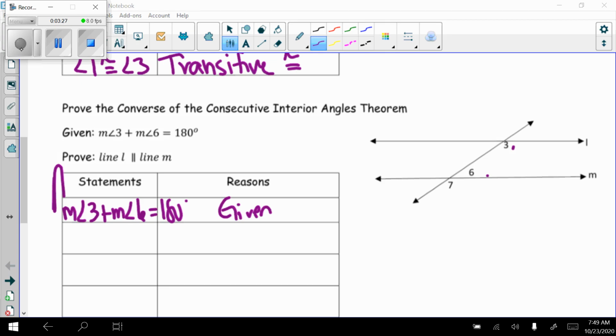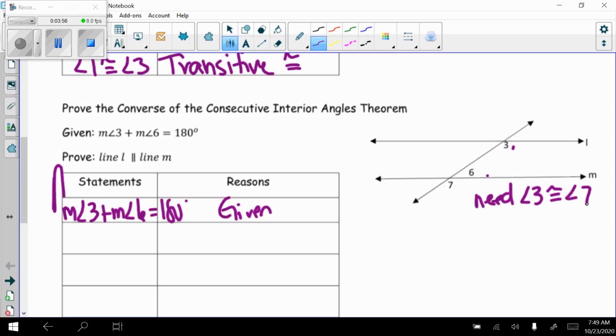The only angles that I have are 3, 6, and 7. I know 3 and 6 are not going to be congruent, and 6 and 7 aren't either, but 3 and 7 are corresponding. So I need angle 3 congruent to angle 7, then I would be able to say that line L is parallel to line M.